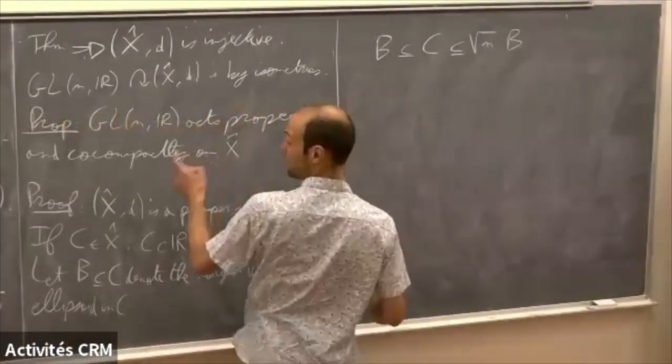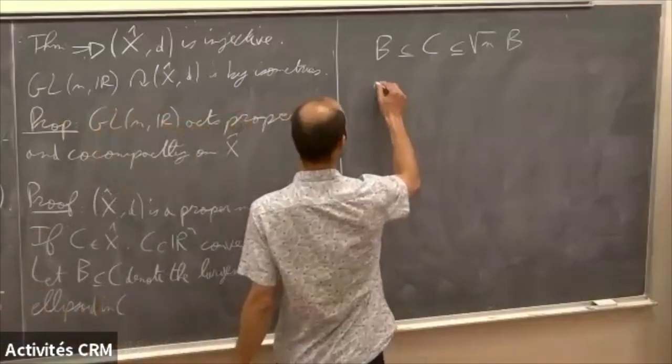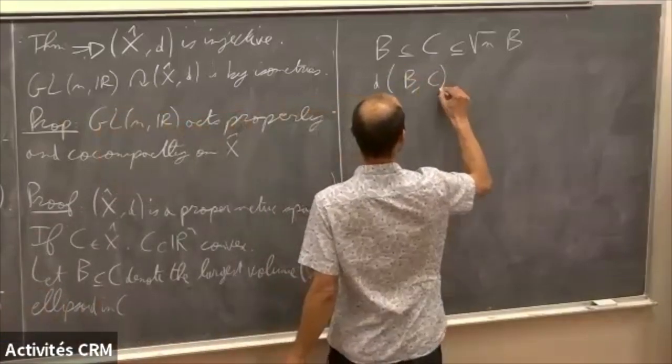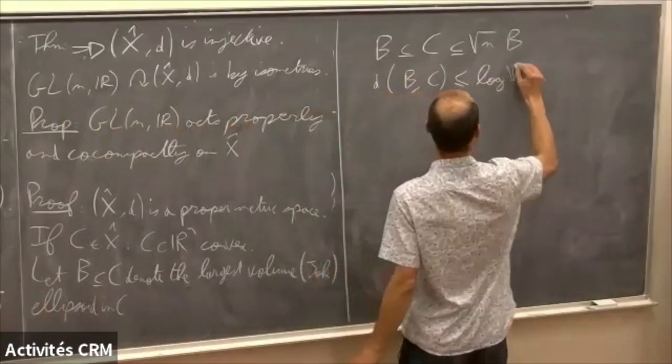It means that if you look at the definition of the distance, the distance between B and C is smaller than the log of square root of n.